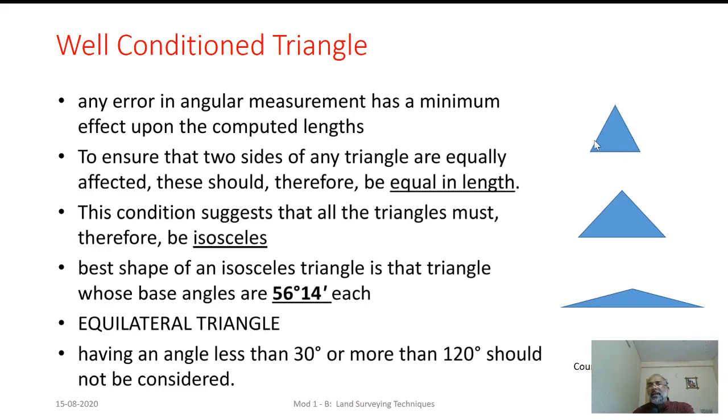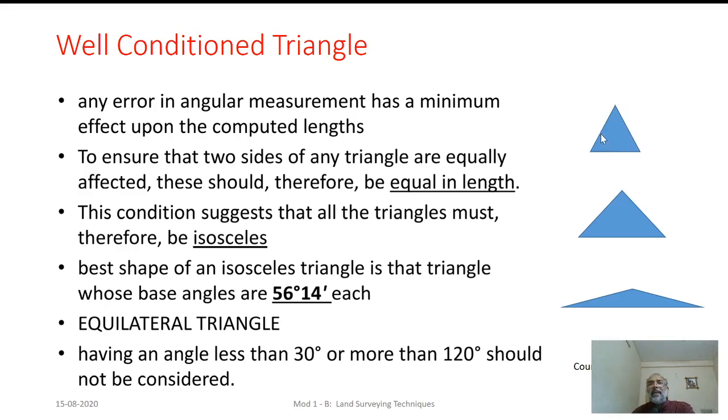As such, both these particular included angles being equal, we should go for an isosceles triangle. Smaller the angle that we measure, as we are involving the sine rule, larger error will be reflected on the computation of the opposite side. Hence, we have to go for the highest possible included angle.